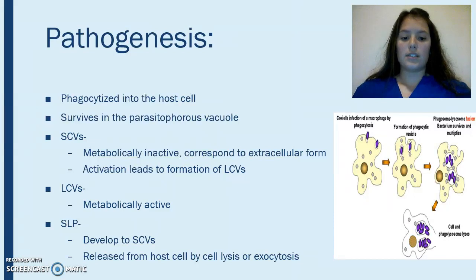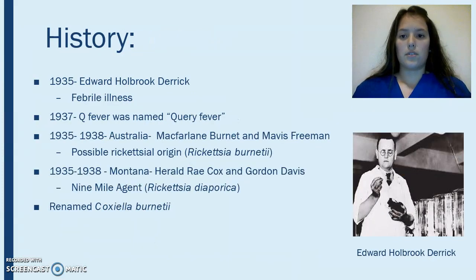And then these spore-like particles will undergo development to the small cell variant. So when the cell undergoes lysis and exocytosis, these small cell variants leave the cell, and then can go infect and interact with more cells, and so on and so forth.